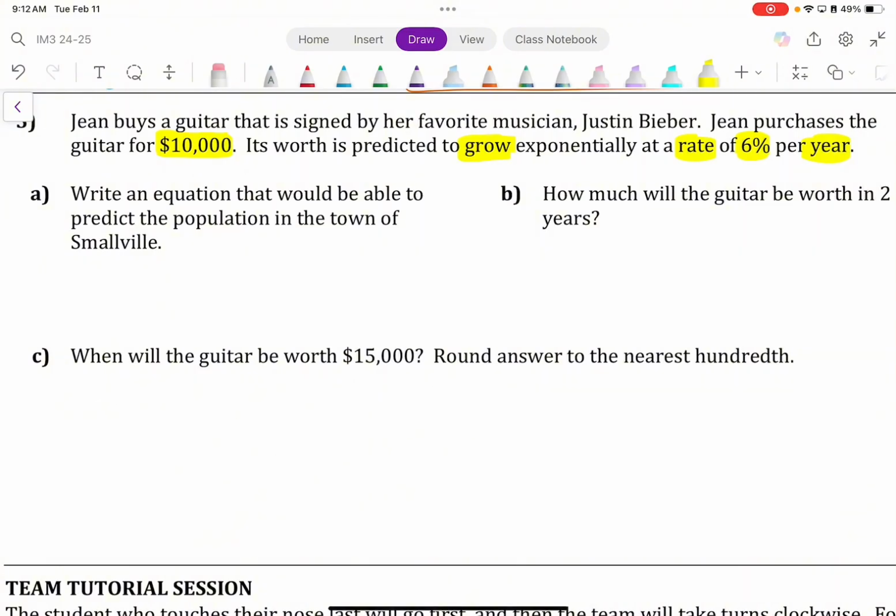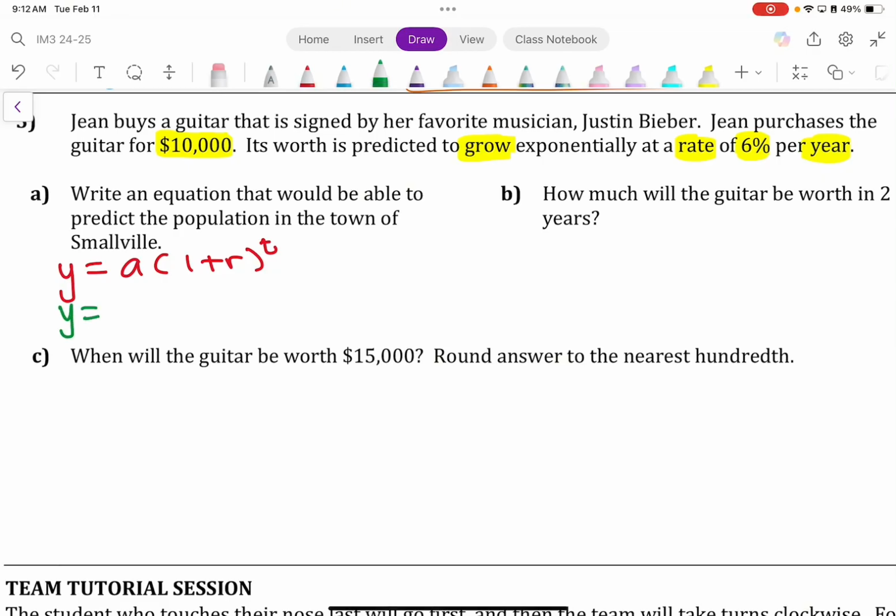Is this going to be exponential growth or exponential decay? What do you guys think? Exponential growth. Why? Yes, it grows exponentially. It does say it's going to grow. So that means we're using y equals a times 1 plus r to the power of t.